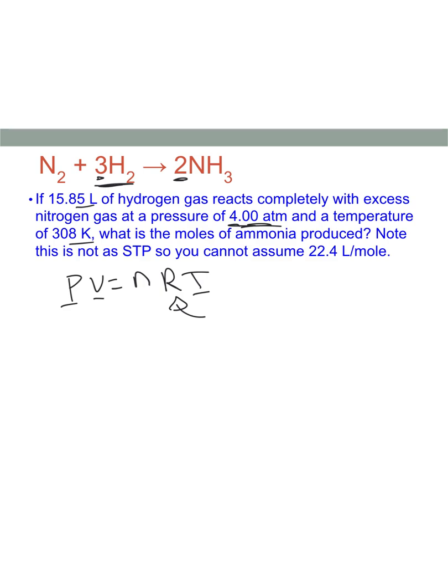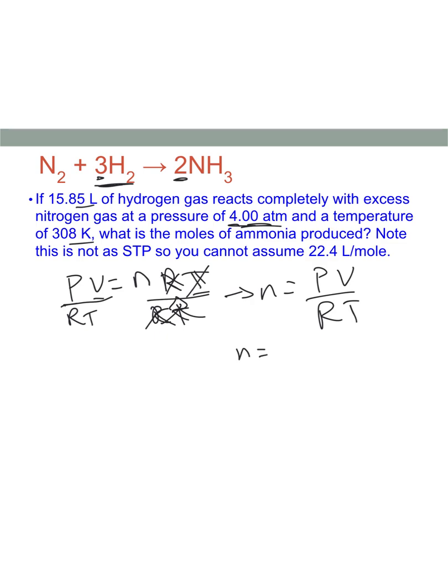I'm going to rearrange this equation to get n. I'll divide both sides by RT. That cancels it out, so I get n by itself. What I do on one side, I do on the other side. So now I know that n is PV over RT.